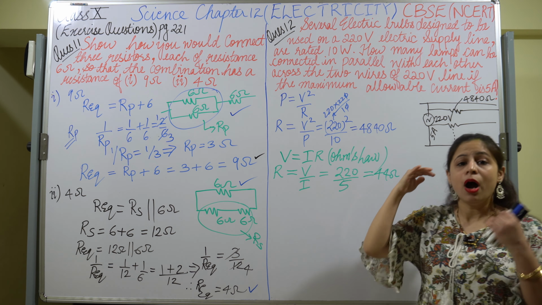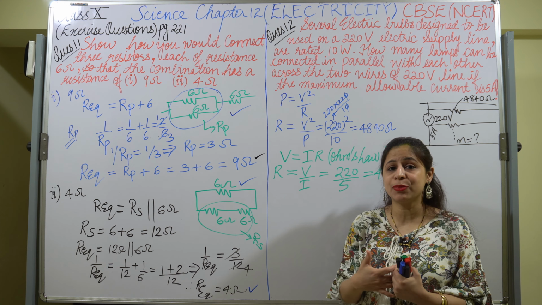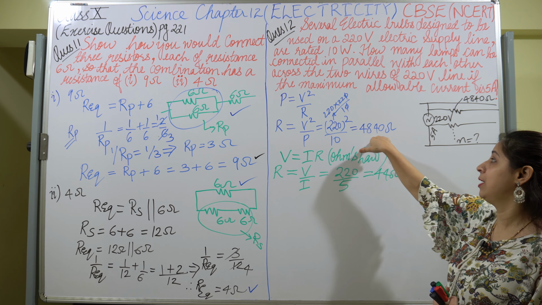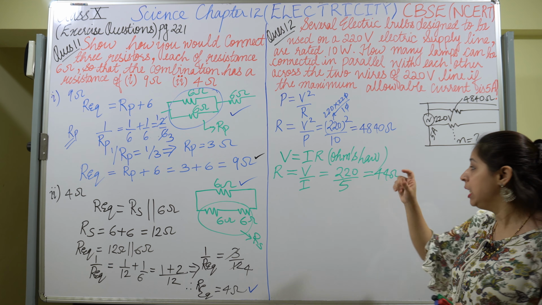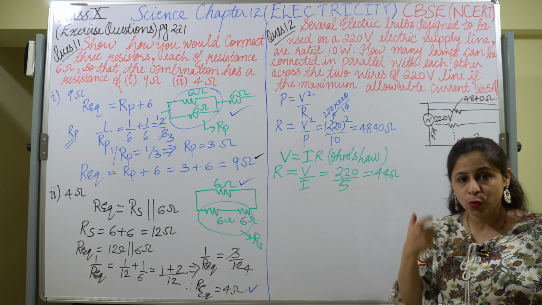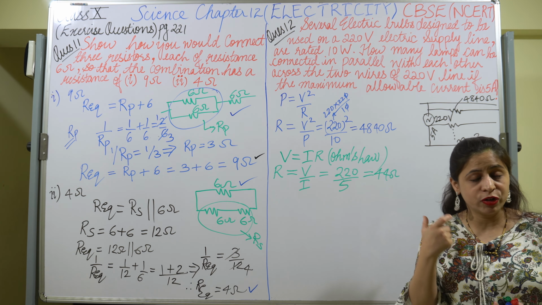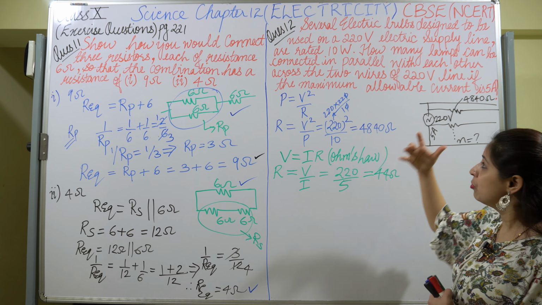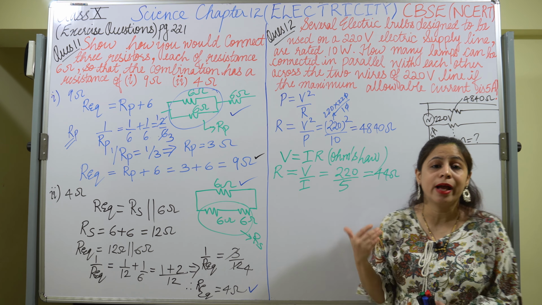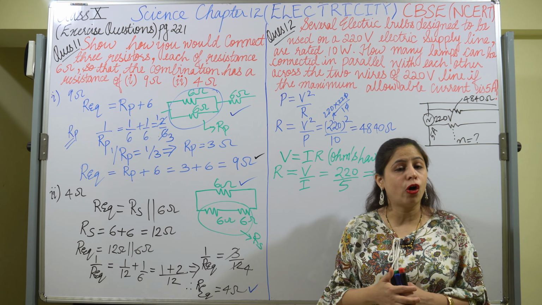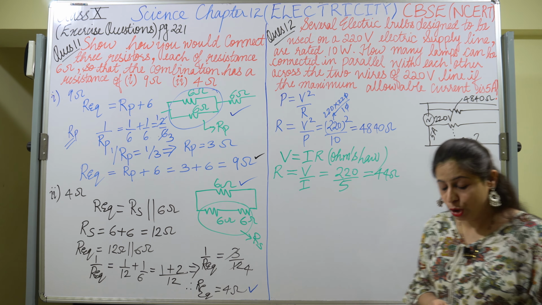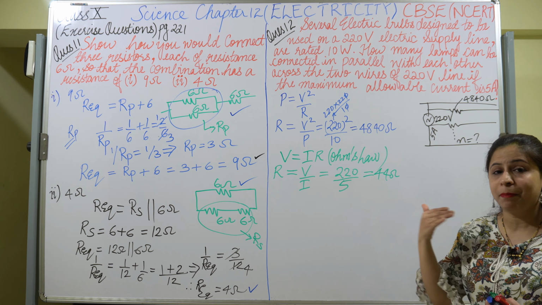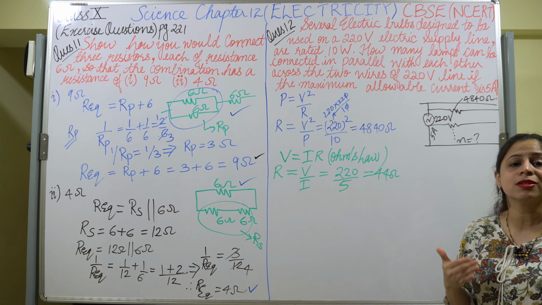So how many such lamps or bulbs of 4840 ohms should be connected in parallel so that the equivalent resistance is 44 ohms, with the maximum allowable current of 5 ampere? Because they are connected in parallel, we apply the parallel formula for resistance combination.